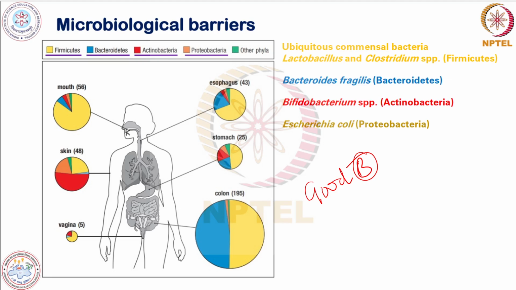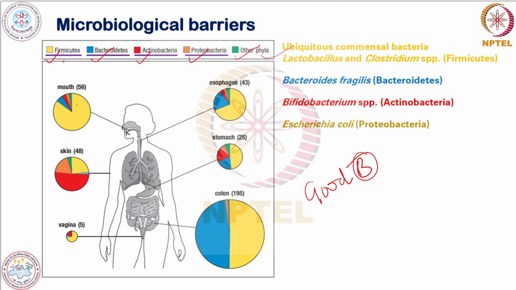In the mouth, a major part is firmicutes, and in the skin, the major part is actinobacteria. In the vagina, the major part is also firmicutes. In the colon, it is firmicutes and equally bacteroidetes. In the stomach, the major part is firmicutes, and in the esophagus there are different types of bacteria: firmicutes, bacteroidetes, actinobacteria, proteobacteria, and some other phyla of bacteria. These are present in different parts of our body.